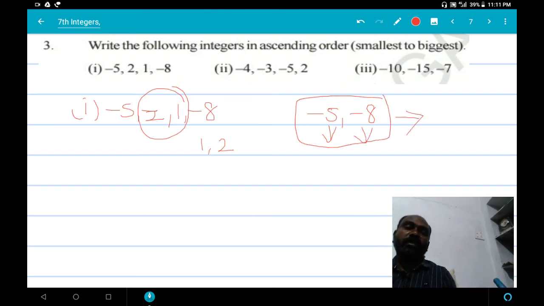In positive numbers 8 and 5, which is smaller? 5 is smaller.